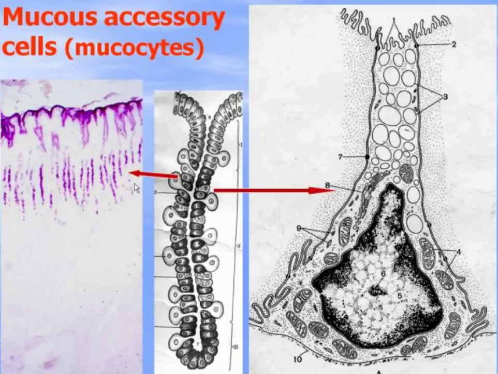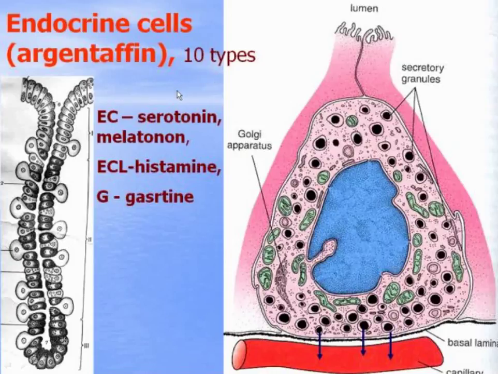So these accessory cells help to protect the mucous membrane and stomach wall from the aggressive action of gastric juice. They protect the stomach wall from self-digestion by gastric juice.